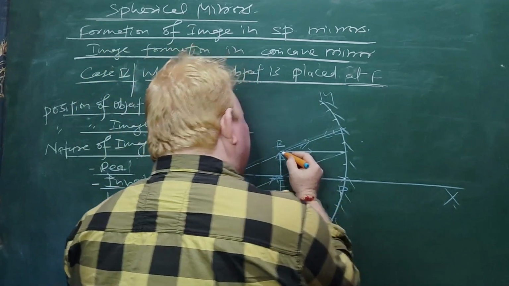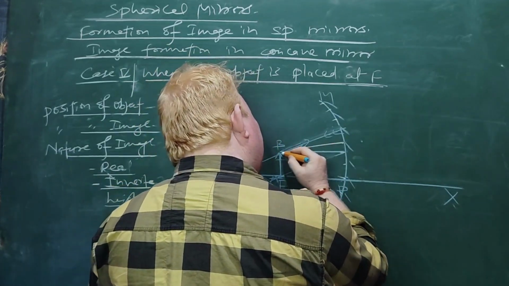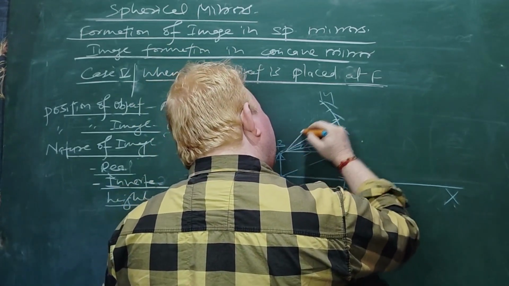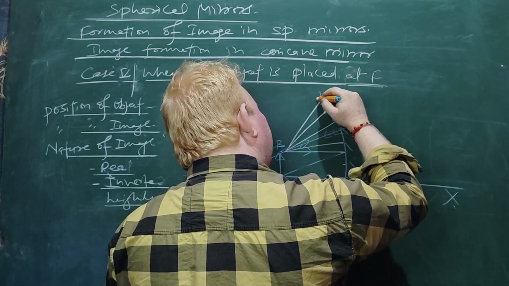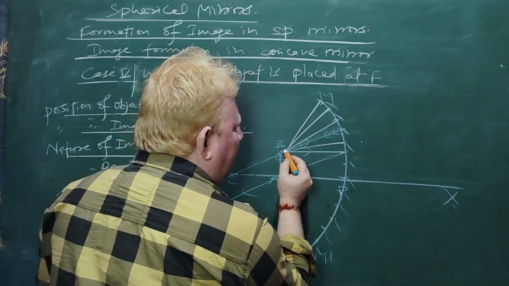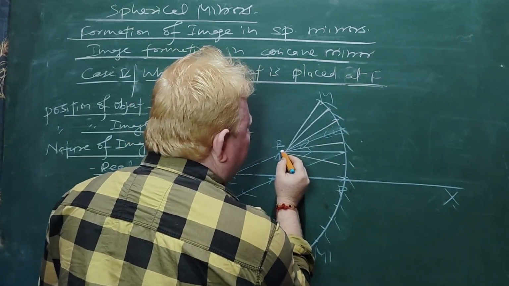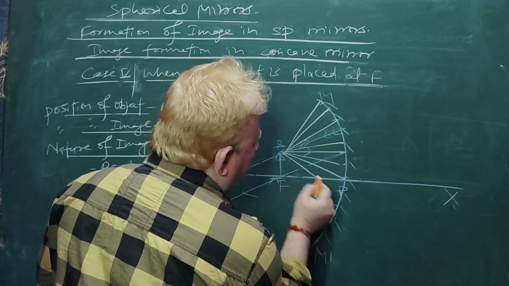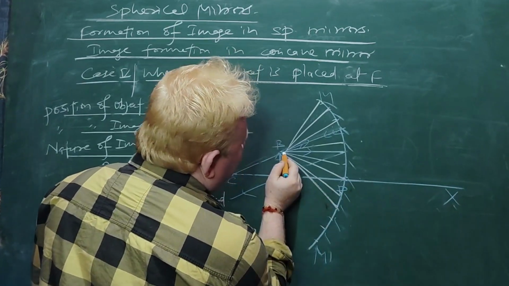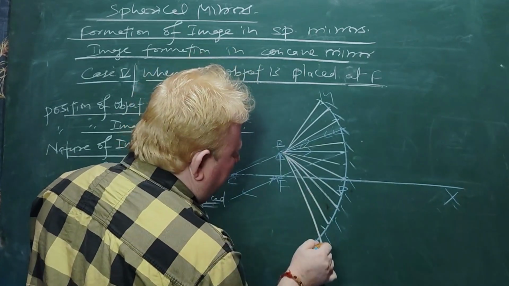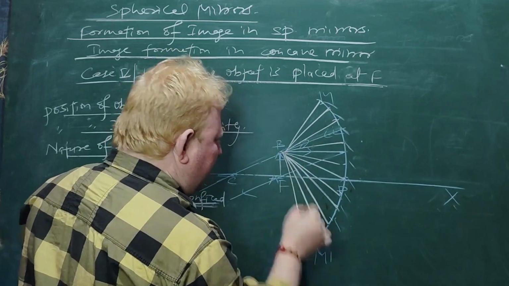Okay, so one ray is this, one ray is this, one ray is this. Again one of the rays is this, this, this, this.